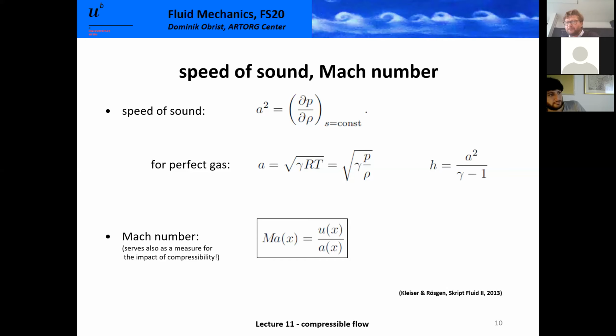The Mach number relates the velocity of a fluid, or velocity of an object in a fluid at rest, to the local speed of sound. If Mach is below 1, we're obviously slower than the speed of sound. If it's above 1, we're faster than the speed of sound. And we're calling it supersonic flows.